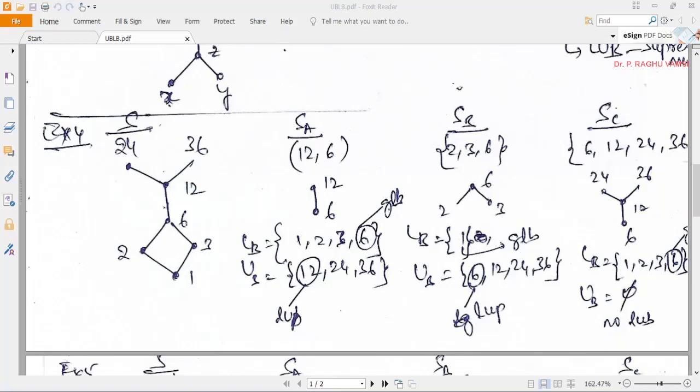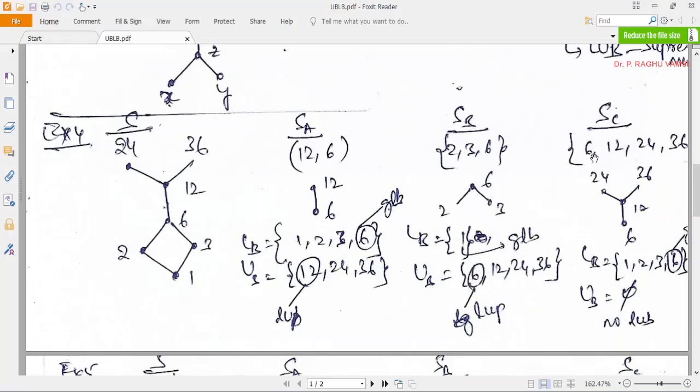Coming to the upper bound, 6 and above, 6 can also be included, also 12, 24 and 36. From the lower bound, since only one element is there, we consider it as the greatest lower bound. Here 6 is the lowest upper bound.